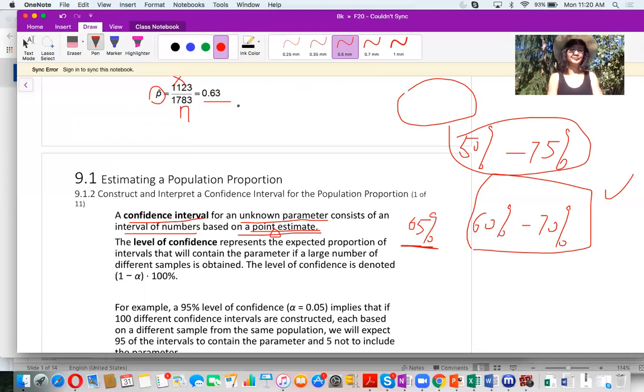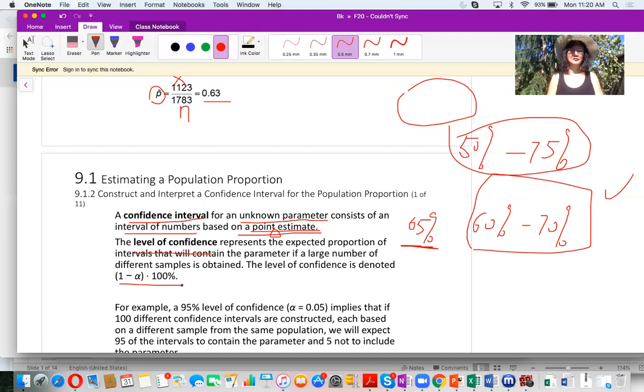Okay. So next terminology, the level of confidence. This represents the expected proportion of intervals that will contain the parameter if a large number of different samples is obtained. The level of confidence is usually 1 minus alpha times 100.